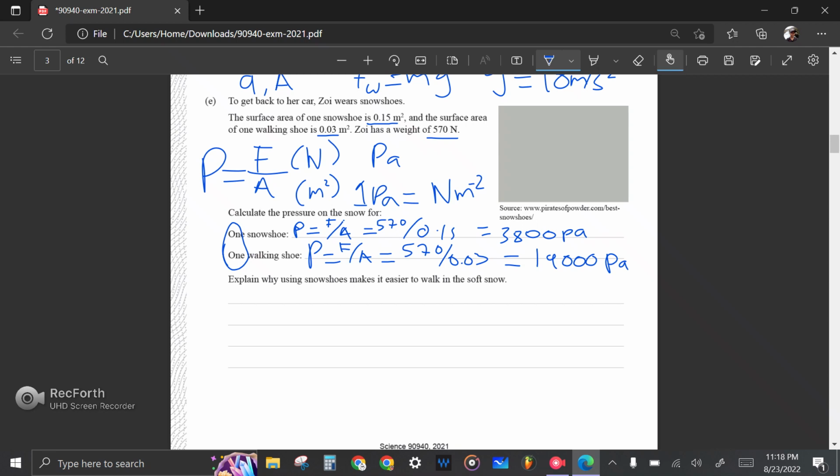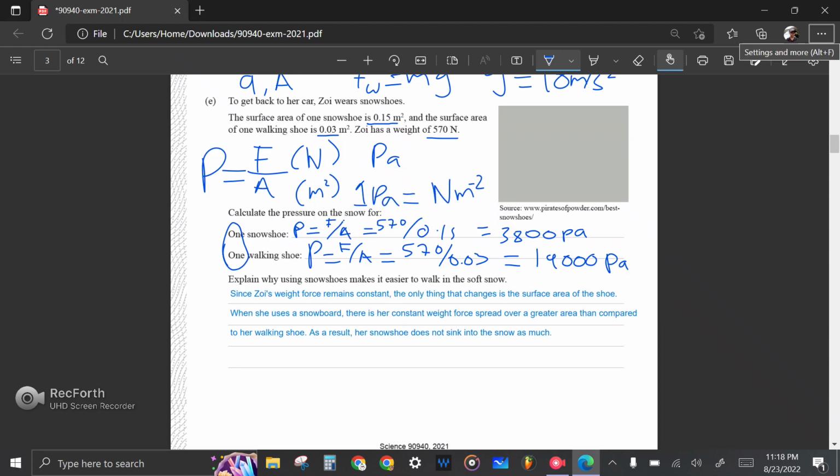So it's not all confined into one space, it's spread out, which means that realistically the shoes won't sink into the snow too much. So I'll quickly type up an answer and then show it to you guys.